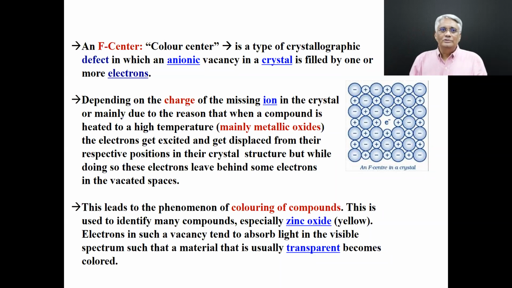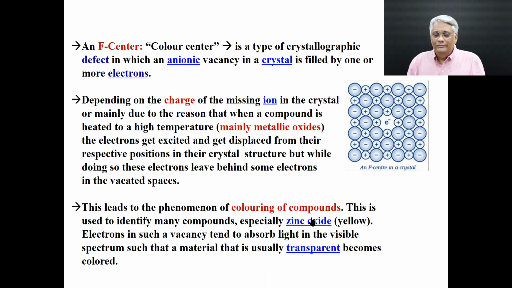But while doing so, these electrons leave behind some electrons in the vacated or vacant crystallographic places. Okay. So this leads to the phenomenon of coloring of compounds. That's why these color centers make crystals colored.